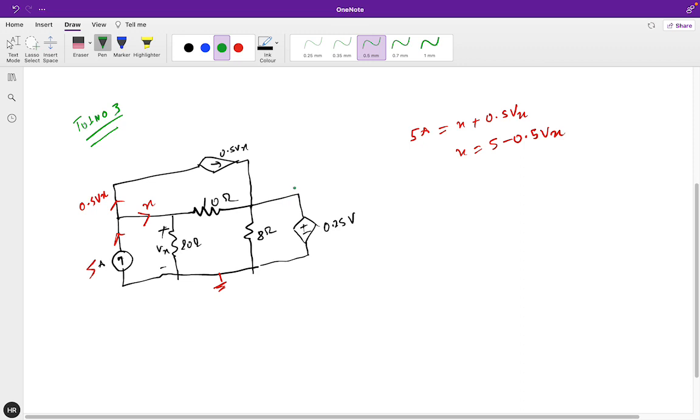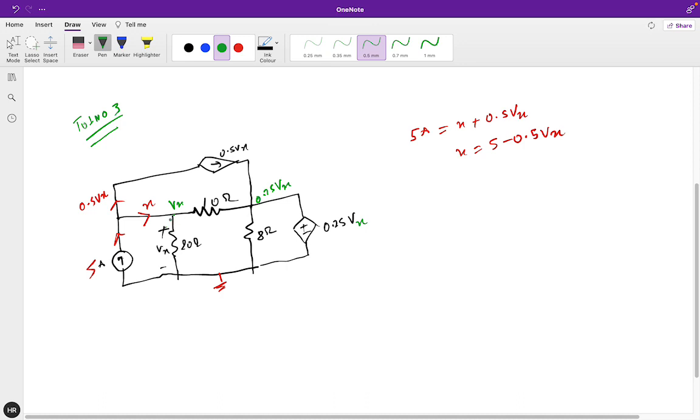Now apply the nodal analysis. This node is named v of x, and this is 0.25 v of x, that's v of x only. So apply the nodal analysis here.